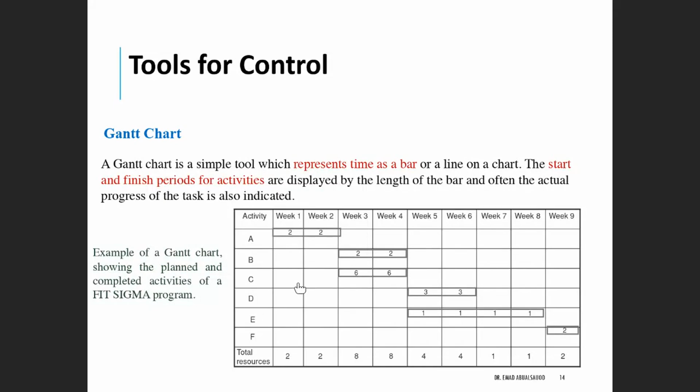For example, here we have an example of a Gantt chart showing what activities are needed to complete the Six Sigma program in our course. So you need these activities to be completed. Each activity has a start and end time.